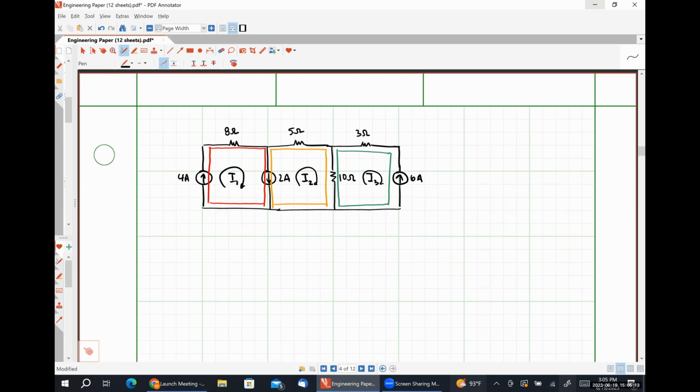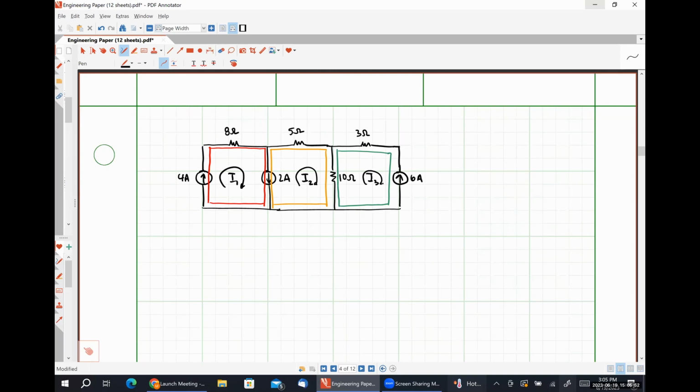Sorry about that. What should my current relationship equations for this circuit be? Well, we're using mesh, so I'm at step 3 of the mesh analysis procedure when we have current sources.